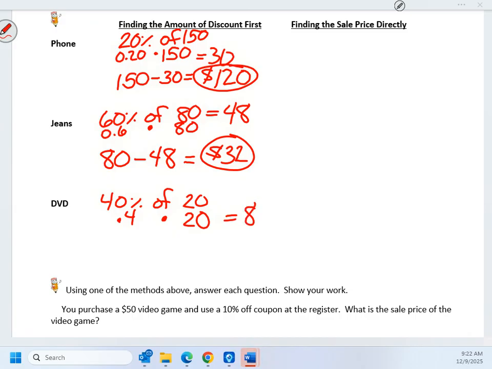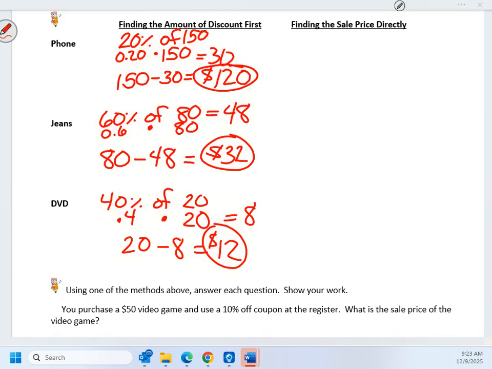Jackson? 20 minus 8. Yeah, that original $20 minus that $8 off, and that DVD costs $12. So the one method, you find what the percent off is, and then you subtract it. So you find the percentage amount off and subtract.